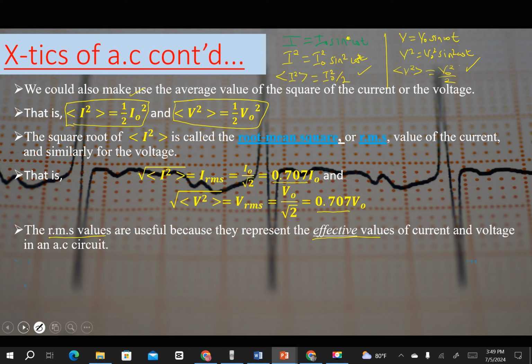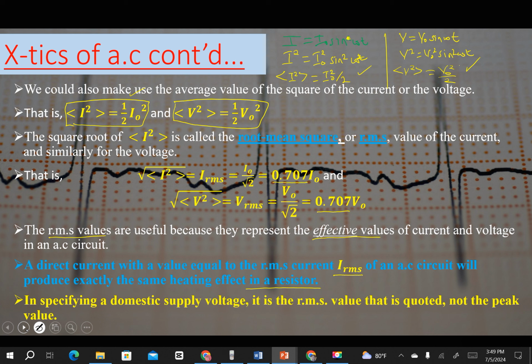So the direct current with a value equal to the root mean square current, that is I RMS, of an AC circuit will produce exactly the same heating effect in a resistor. What do I mean by that statement? I'll explain it in more detail.